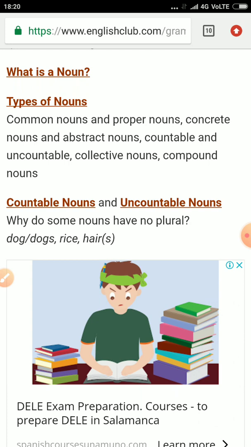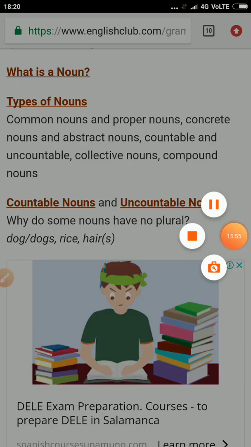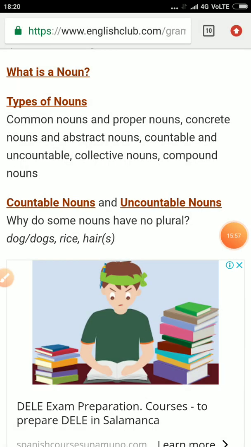Actually, because you are a student of class 7, you don't have to go into such detailed explanation, but you have to go through parts of speech because it comes under your syllabus. In your syllabus, you have to understand what a noun is and what parts of speech are, noun and its kinds, pronoun and its kinds, verb and its kinds, and hopefully this will definitely work out for you.